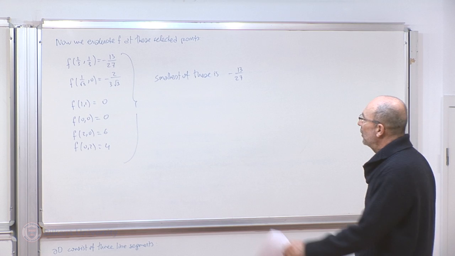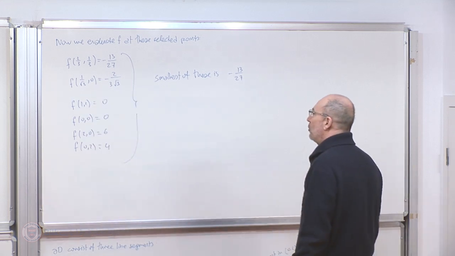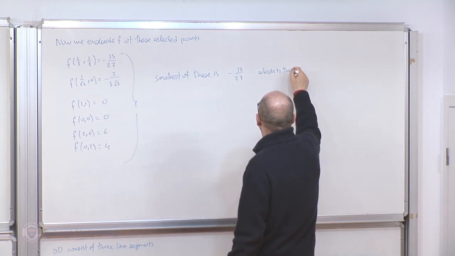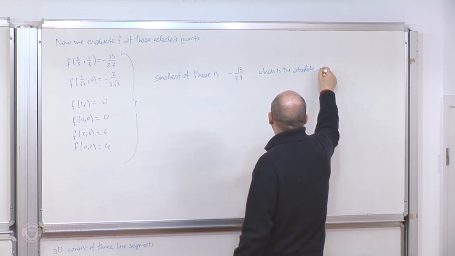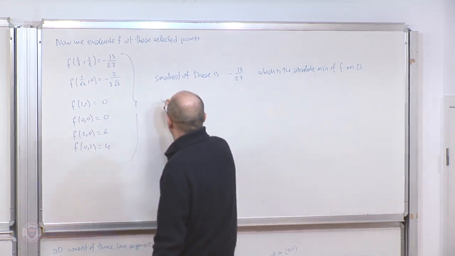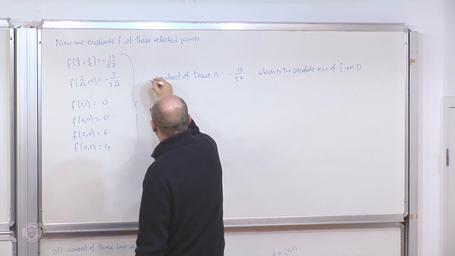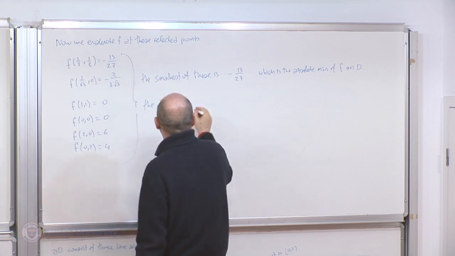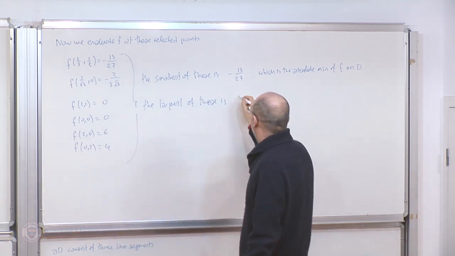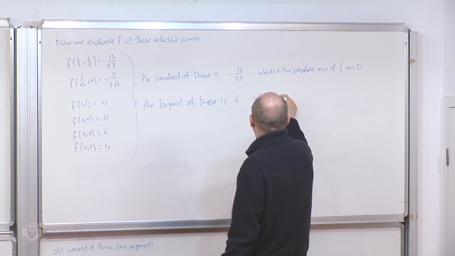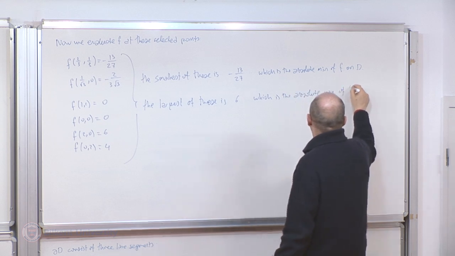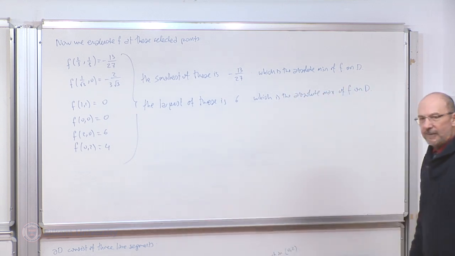The absolute value of this is less than that, so minus 13 over 27 is the smaller one, which is the absolute or global minimum of f on D. The largest is easier. Let's write D here. The largest of these is 6, clearly, which is the absolute max of f on D.